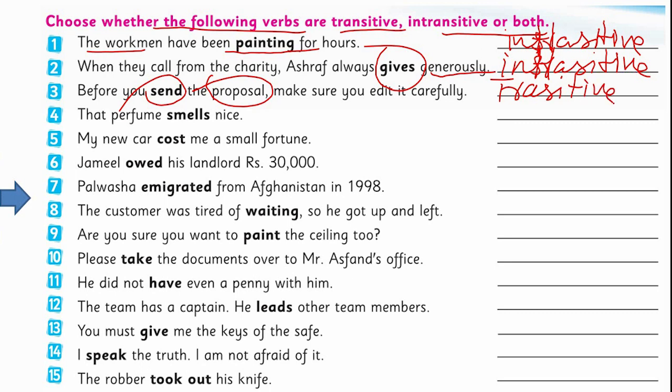The fourth one, that perfume smells nice. We don't have an object after that, so smell is an intransitive verb. The fifth one, my new car cost me a small fortune. This is again intransitive because we don't have an object here.